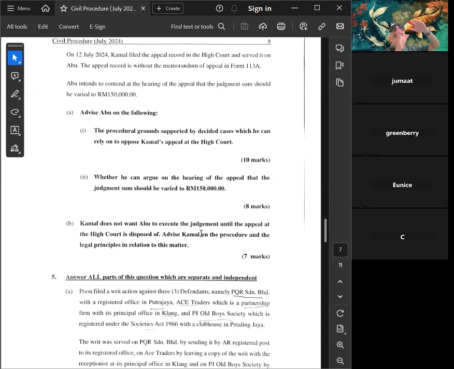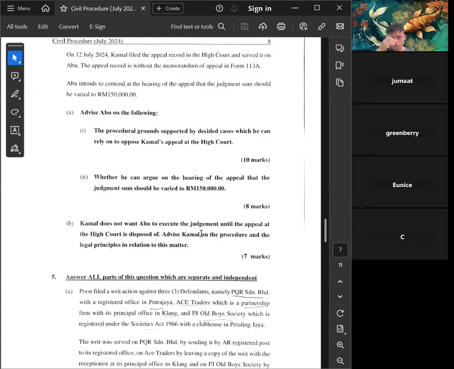When you have outlined all these concepts in your answer, you can also add, because Cindy has mentioned, the case of MGG Pillai, which says that merits in the appeal shall not be a sufficient ground for applying for a stay of execution. This is a contradicting case. So when you have outlined all this, you can close your answer, because this is more than enough.